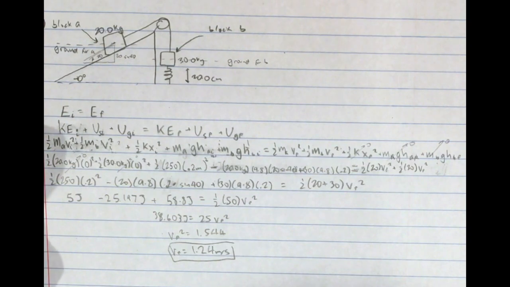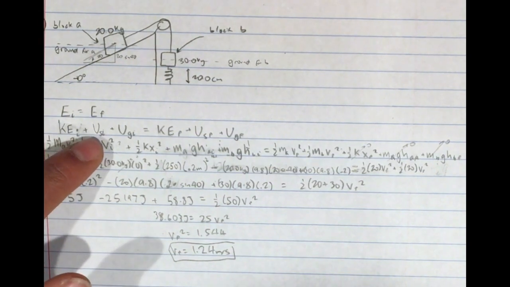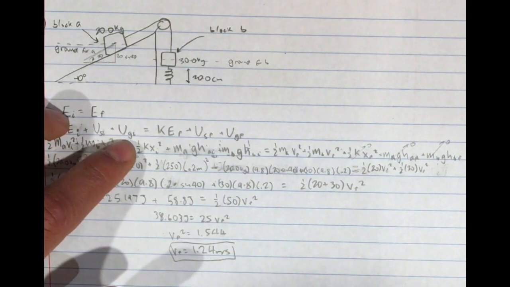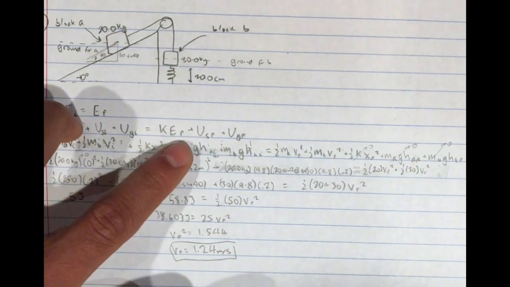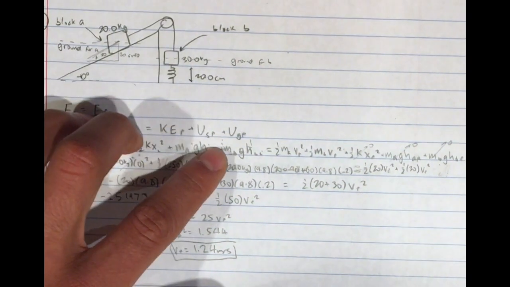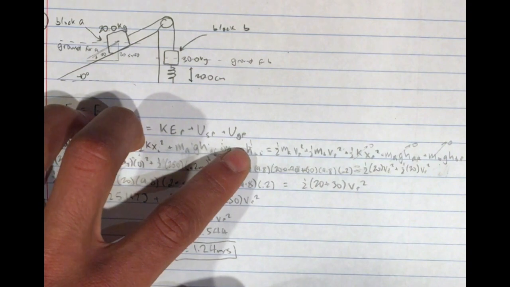So this means that we have, for the initial energies, 1/2 mass of A times V squared plus 1/2 mass of B times V squared plus 1/2 kx squared plus mg hA plus mB times gravity times hB.